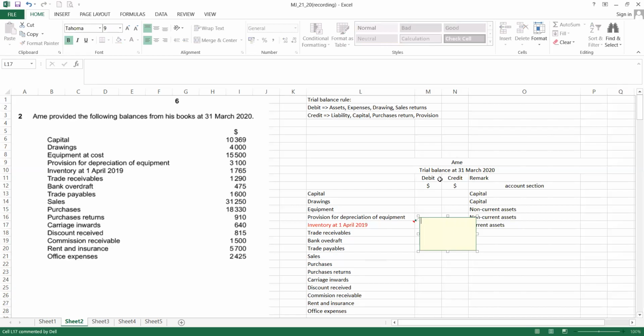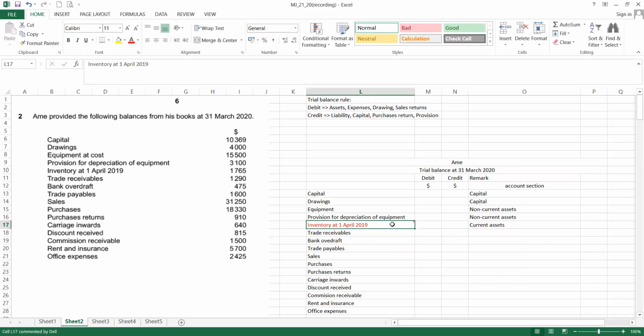Closing inventory in the additional information will not appear in the trial balance. So these are some notes that you can refer to.